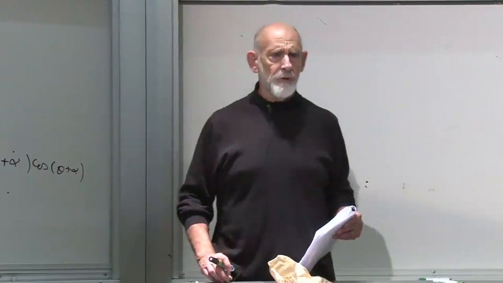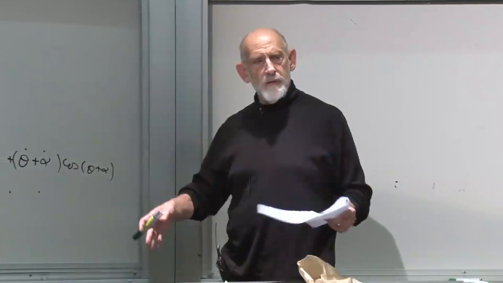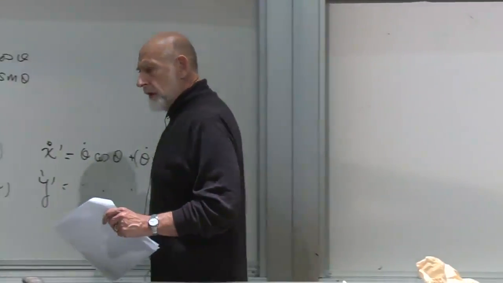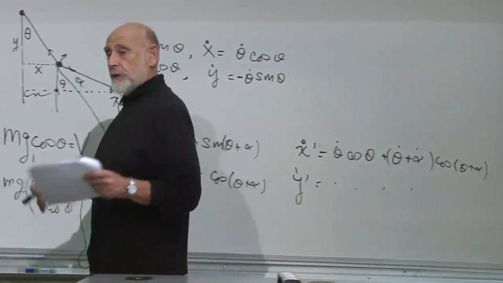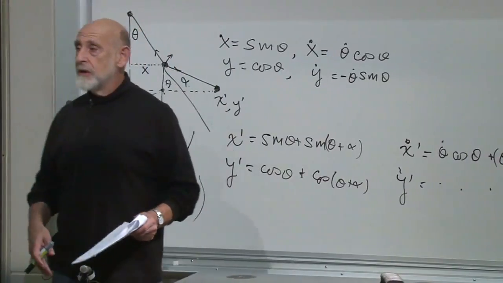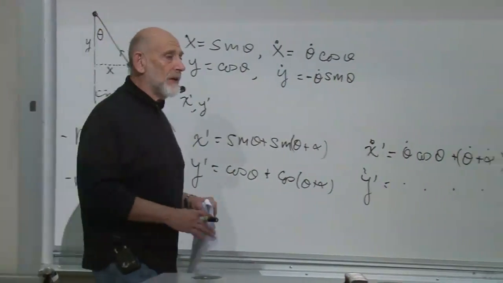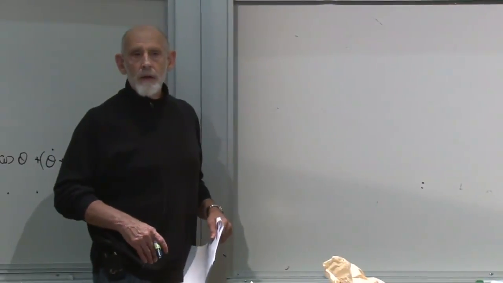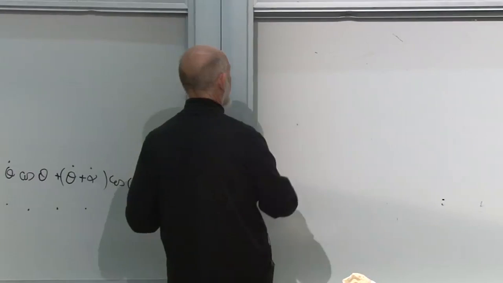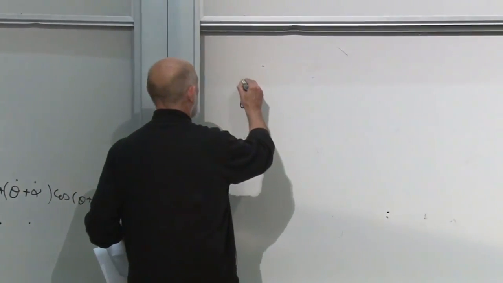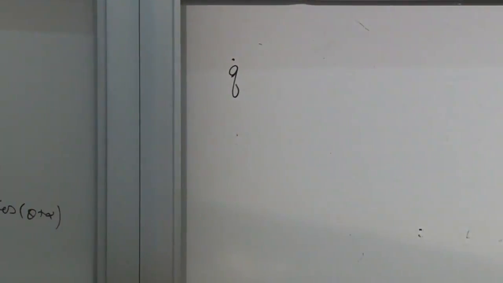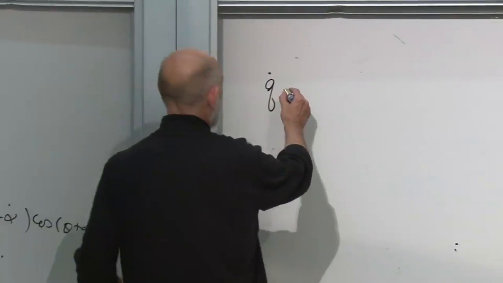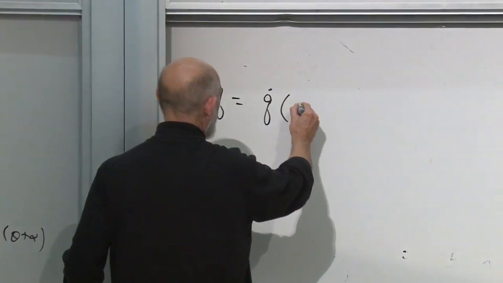The number of things that you need to know to get a mechanical system started is twice the number of degrees of freedom, twice the number of q's. It could be the q's and the q dots, or it could be the q's and the p's. In fact, in general, for good mechanical systems, the q dots can be solved for in terms of the q's and the p's.